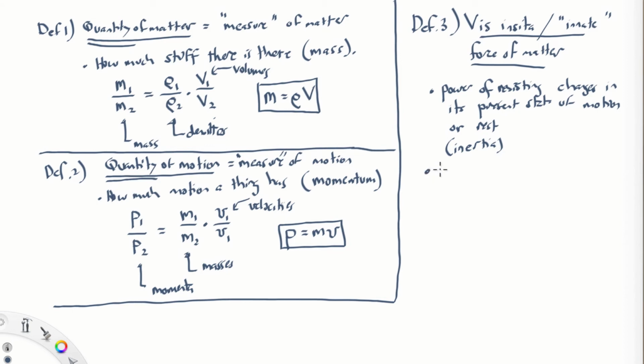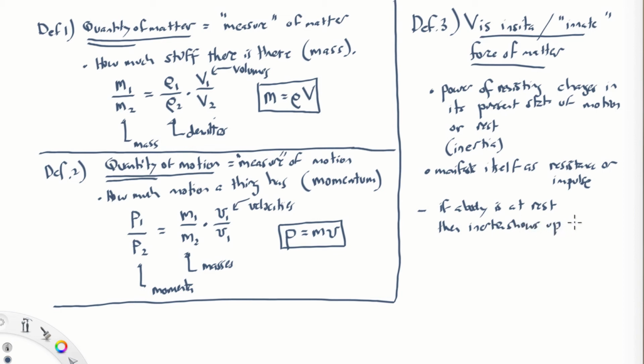And the inertia of an object can manifest itself, Newton says, as either resistance or impulse. So I'll write this down. It manifests itself as either resistance or impulse. So what do we mean by this? Well, he says if a body is at rest, then inertia shows up as resistance.